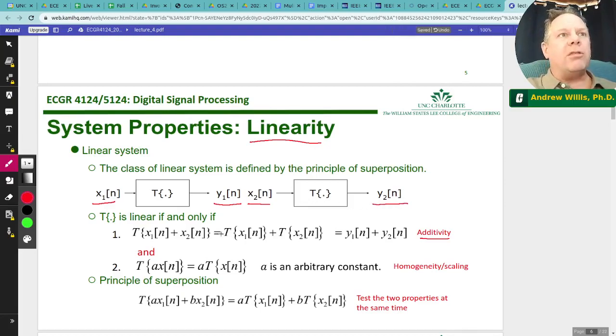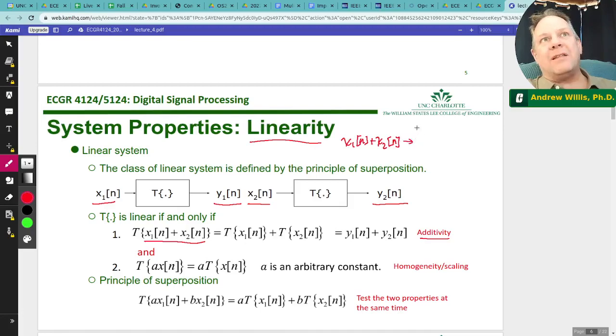Now the system is linear if and only if we can take the addition of those two signals, x1 of n and x2 of n, and input that to the system, T, and what comes out, we're going to call y3 of n. Now, if the system is additive, y3 of n is going to equal y1 of n plus y2 of n.